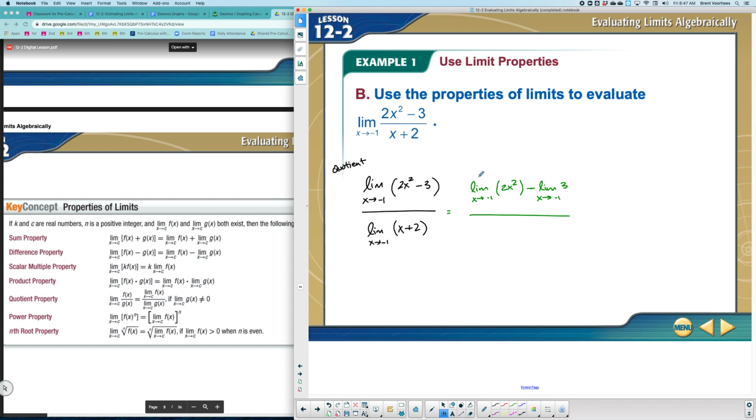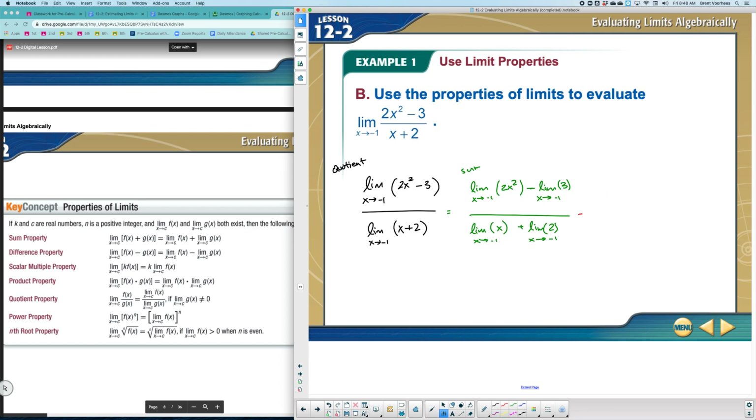All this over, that's the sum property, and I'll do the sum property down here as well. Okay, I'm going to put these in parentheses because that x and the plus look kind of strange to me. Let me put that in parentheses like that. Okay, so now I've used the sum property to distribute those out even a little bit further to separate them, simplify them.